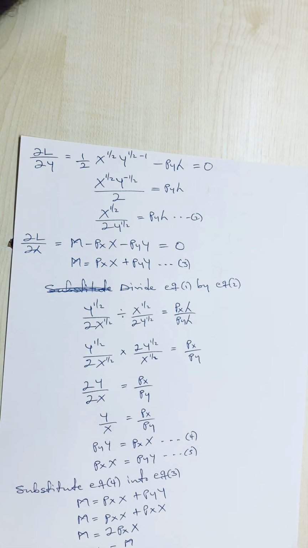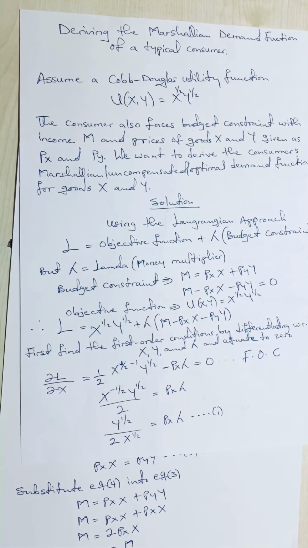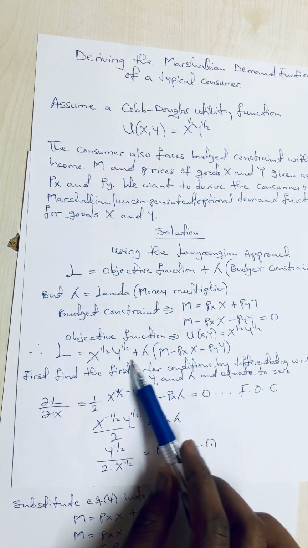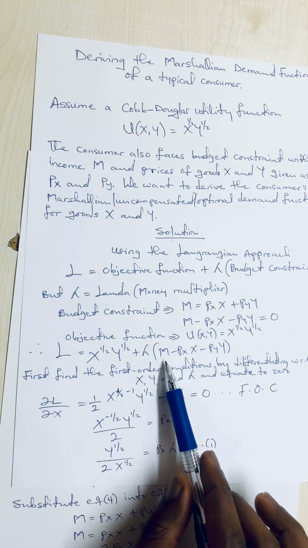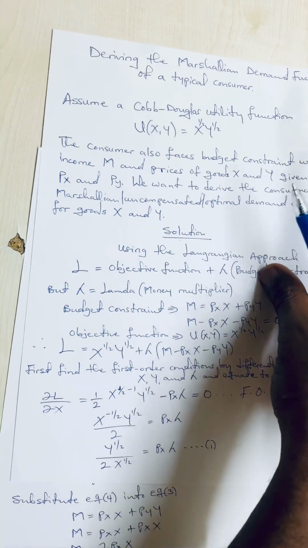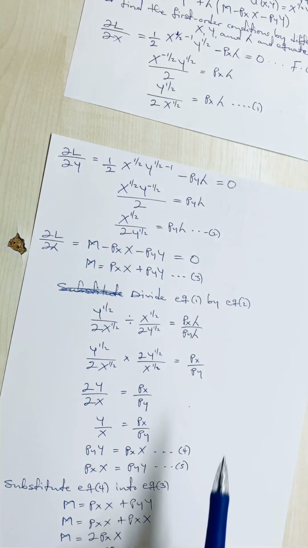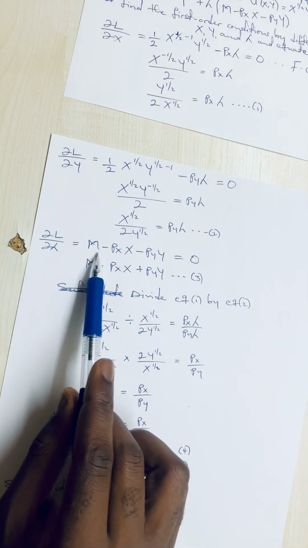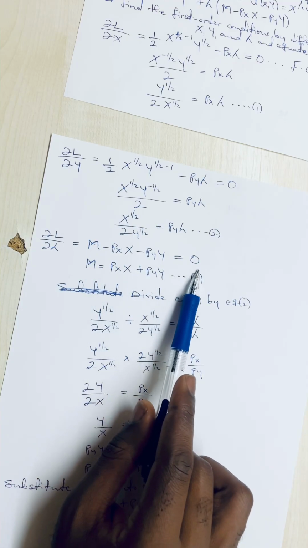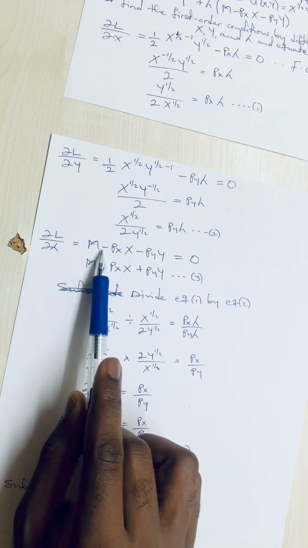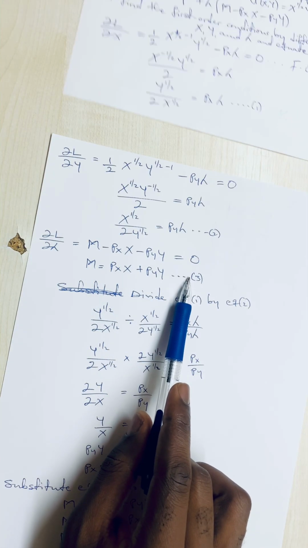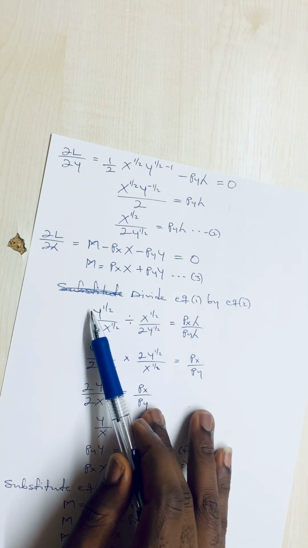Again, from the Lagrangian function, you can see that lambda has the budget constraint as a coefficient. So you next differentiate with respect to lambda, which gives you the budget constraint equal to 0. You transpose these terms over to where the 0 is, so it gives you PX x plus PY y equals M.